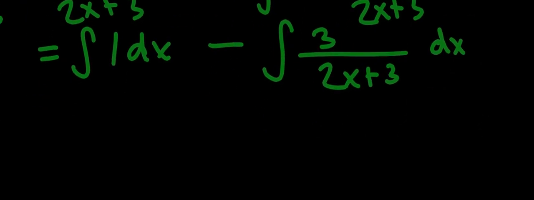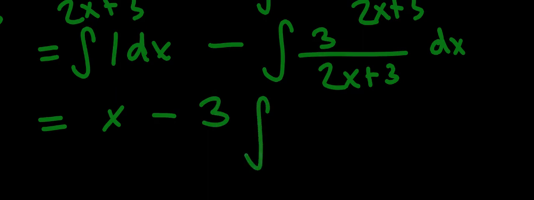So the integral of 1 dx is equal to x. And now, since we have a coefficient, to make it easier on ourselves, we're going to bring it outside. So it's going to be minus 3 times the integral of 1 over 2x plus 3 dx.